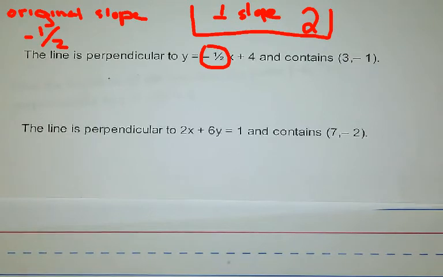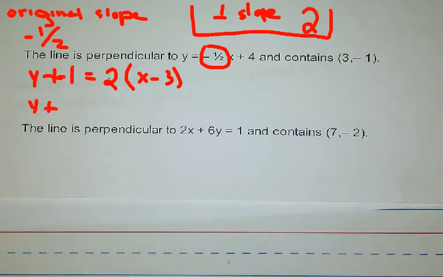Now then, to find the equation, all I have to do is say y minus the point that they give me, and the point they give me has a y value of negative 1. And we know what the slope is. We have to put 2 right there, and then x minus 3. All right? So the slope goes in the middle. Minus minus means plus, so we don't have to worry about that. So now I know y plus 1 equals 2x minus 6.